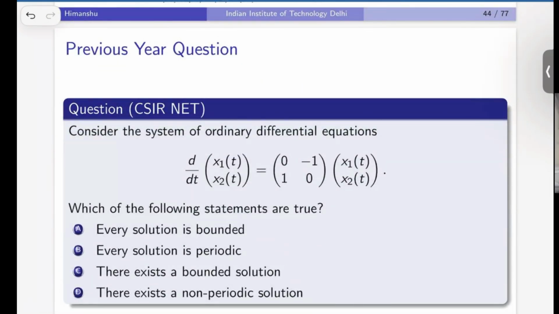The next question: if we have this system of differential equations, which of the following are true? Every solution is bounded. Every solution is periodic. There exists a bounded solution. There exists a non-periodic solution. In this case, not much information is given to us, so we have to find the solution.